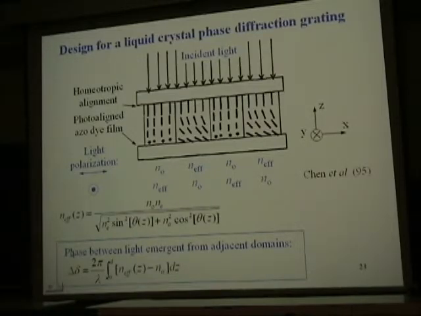In particular, suppose we apply a voltage that makes this phase difference equal to pi. With that, the diffraction pattern produced by this grating should be shifted laterally by a half period with respect to that we would expect from an ordinary diffraction grating. In other words, voltage will convert a diffraction peak into a diffraction minimum and vice versa.